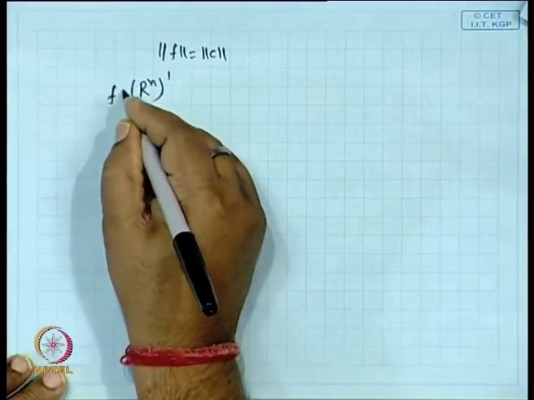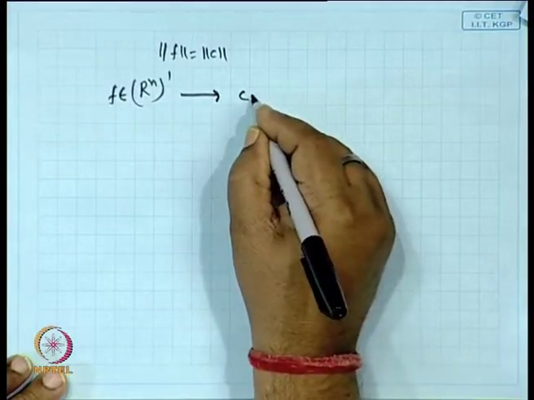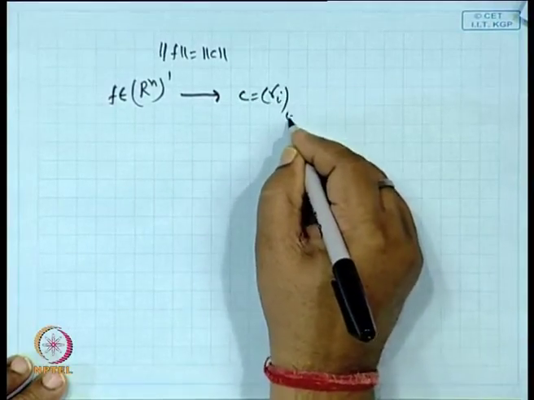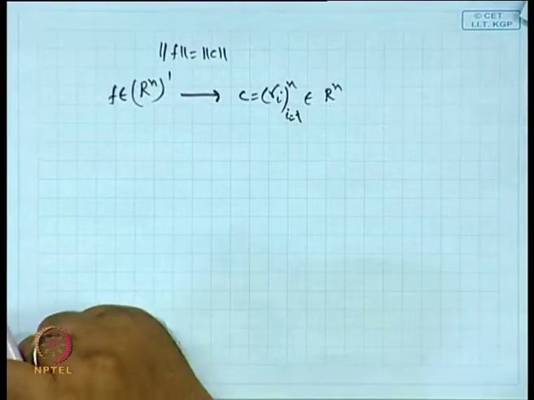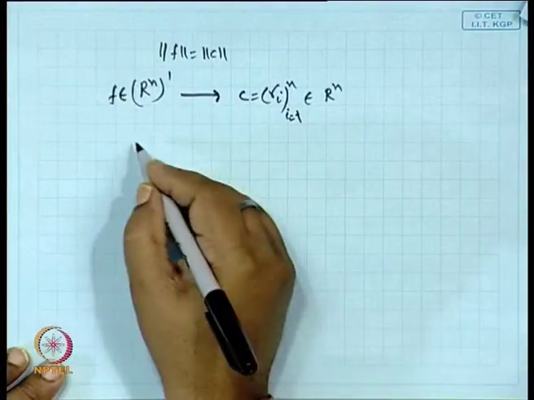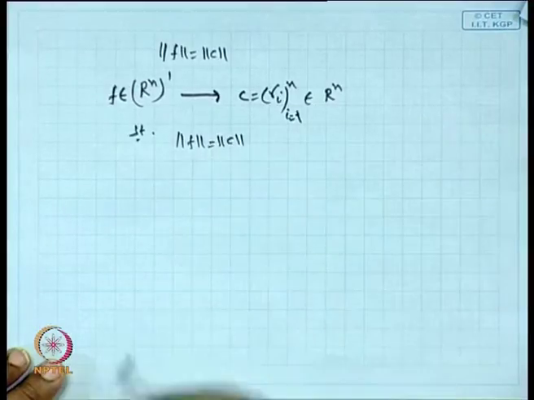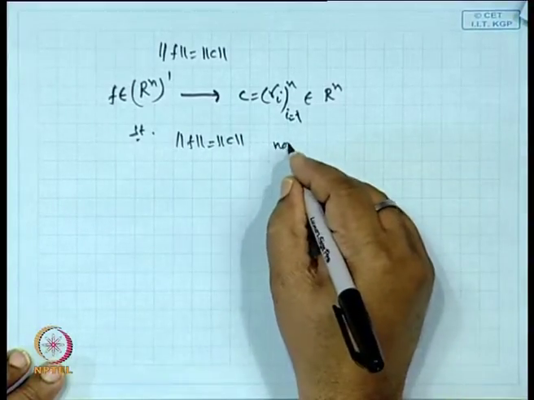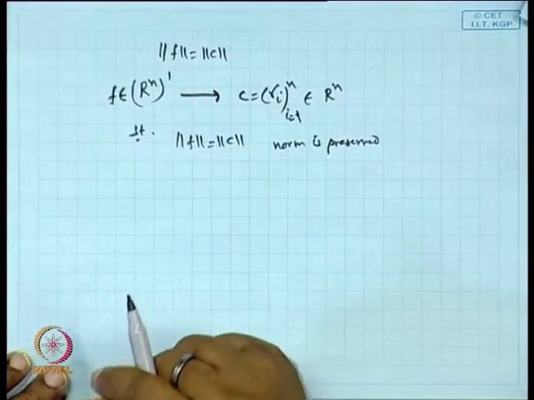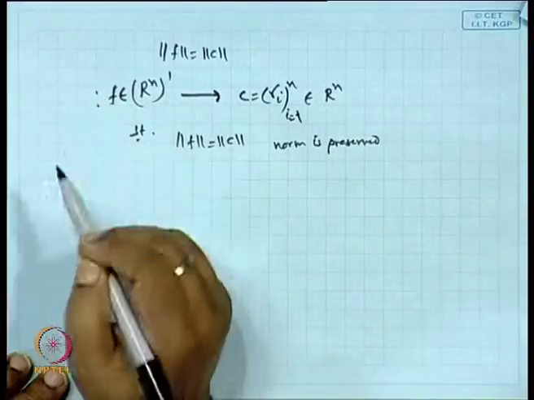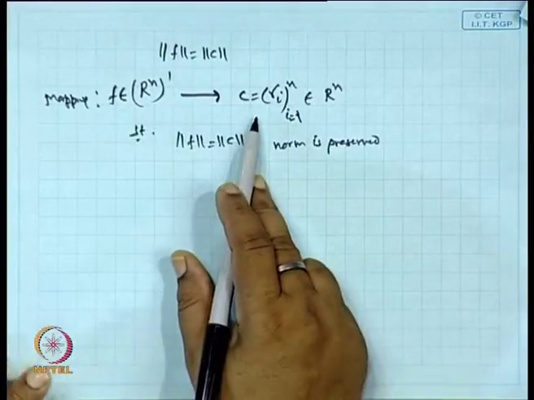An element we have chosen in R n dual gives you an element C, which is gamma I, I is 1 to n, an element of R n, such that norm of f equals norm of C. So norm is preserved. This is a mapping which transforms f to C.